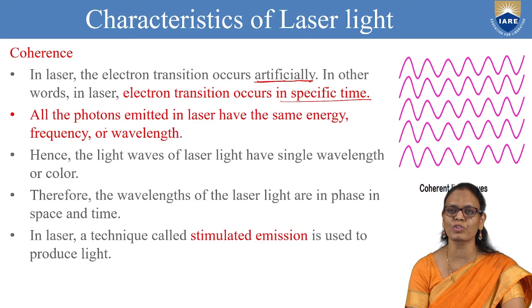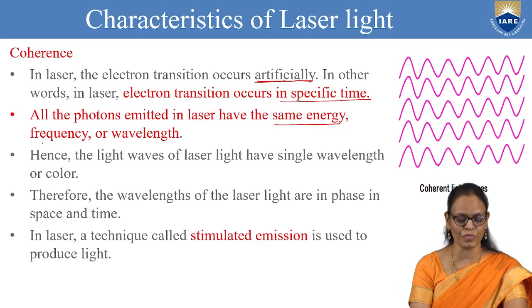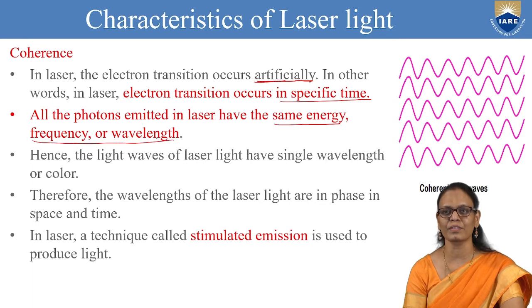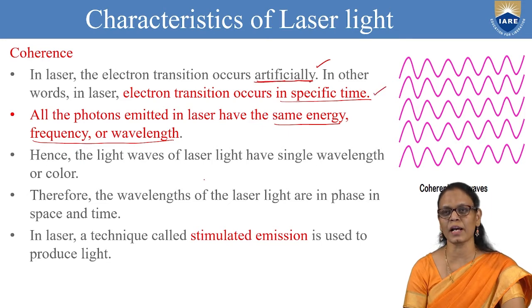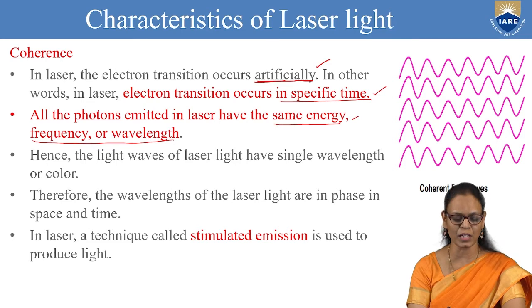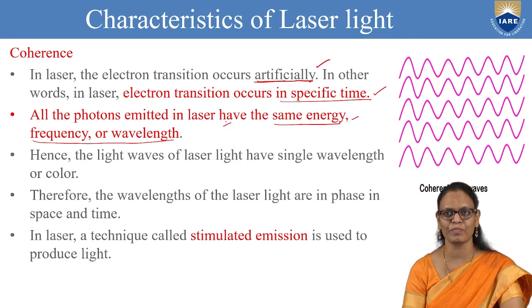So all the photons that are emitted in laser have the same energy, frequency or wavelength. That is the main difference between ordinary and laser light, because it is occurring artificially at a specific time. The photons that are emitted have the same energy, frequency and wavelength.